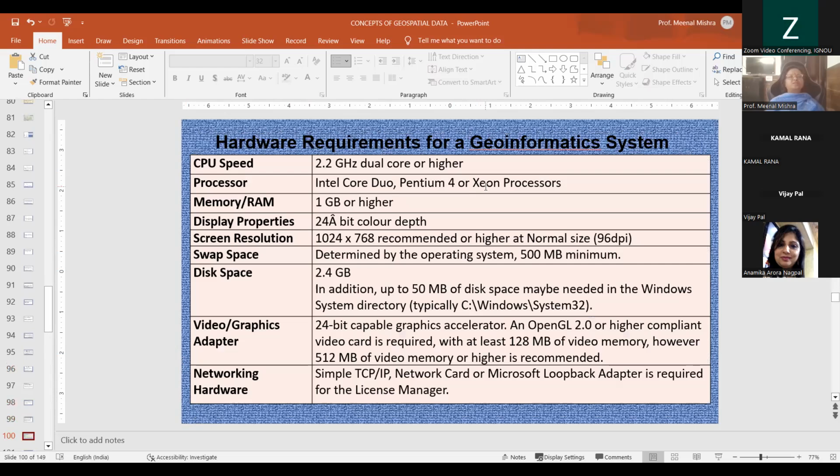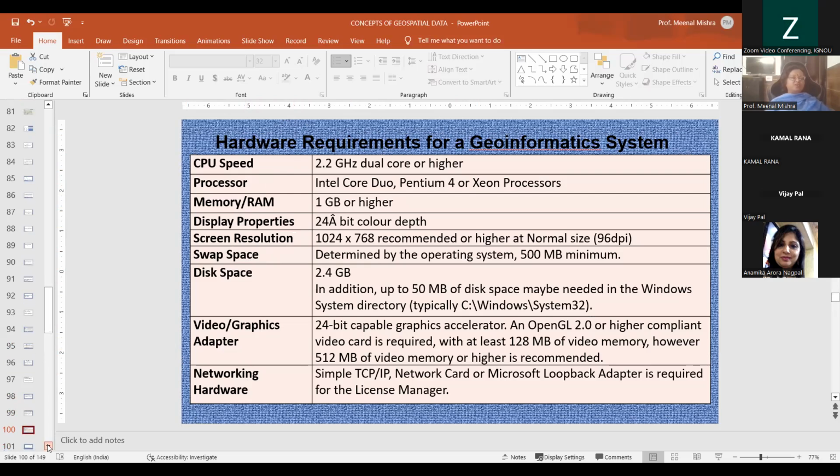These are the hardware requirements for a geoinformatics system. You have CPU speed, then processor, then memory, RAM, and then display properties. All these things are given in your SLMs. Then screen resolution, swap space, disk space, video graphics adapter, networking hardware.